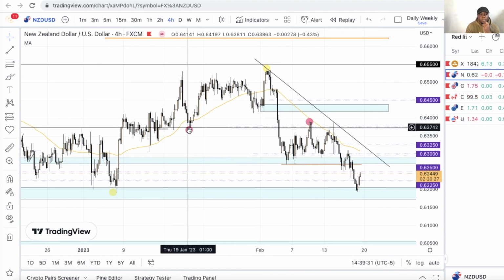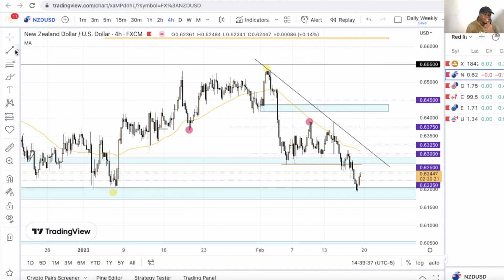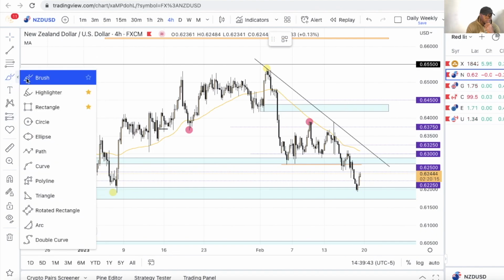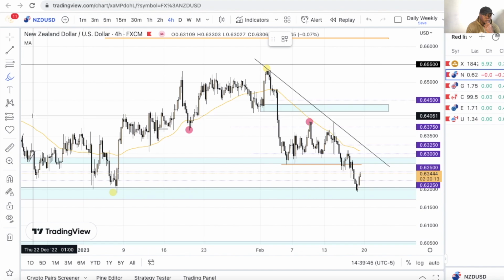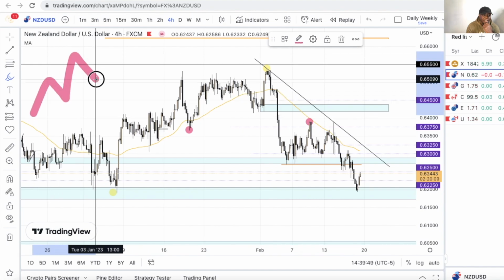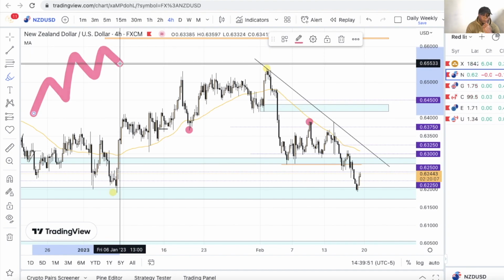All right, during that push to the downside, we had this low right here. So the market will make higher highs and higher lows. So higher high, higher low, higher high, higher low, higher high, higher low.